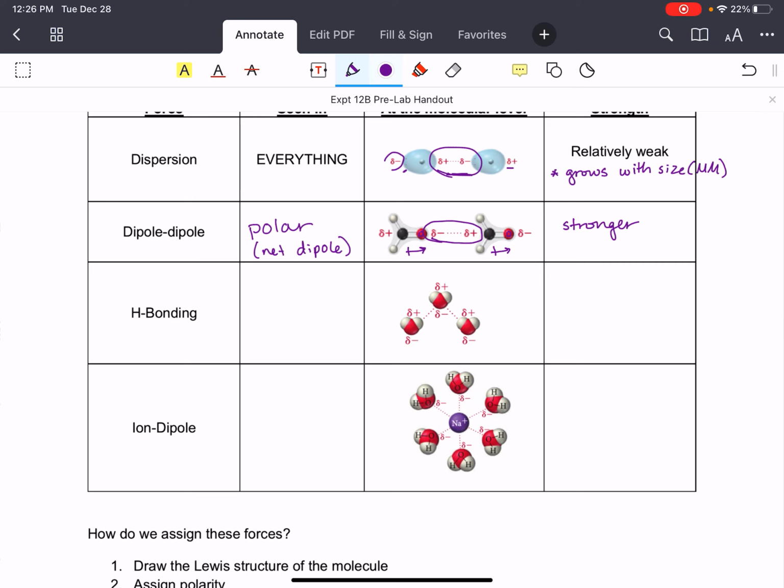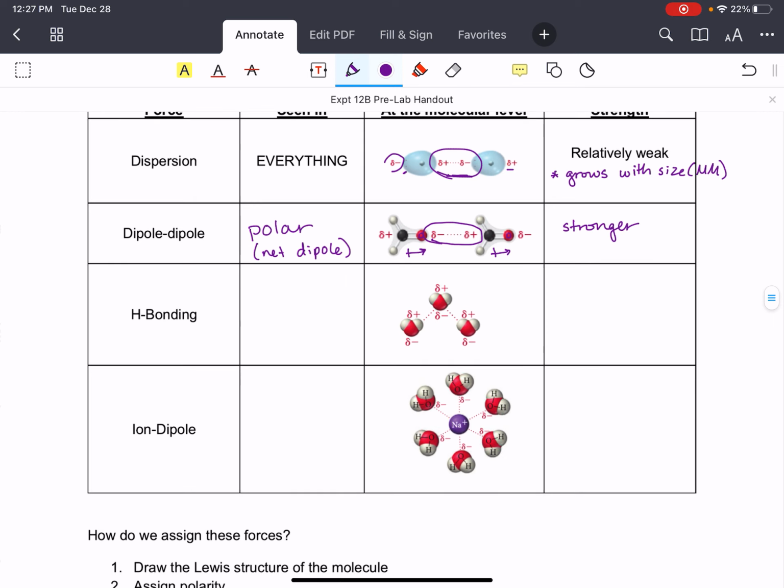Then we have hydrogen bonding, an intermolecular force where in a molecule you have to have H directly bonded to F, O, or N. These are the most electronegative elements on the periodic table. When hydrogen is directly connected to these elements, we have a strong dipole that arises. It's especially strong when hydrogen is involved because it only has one electron.